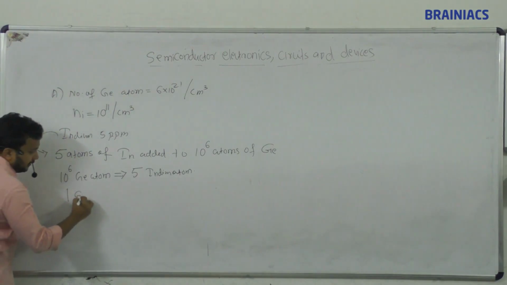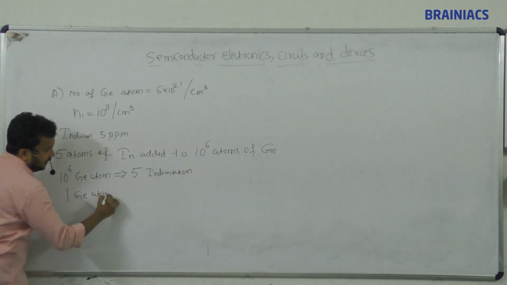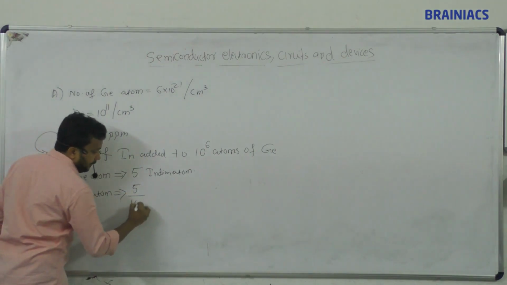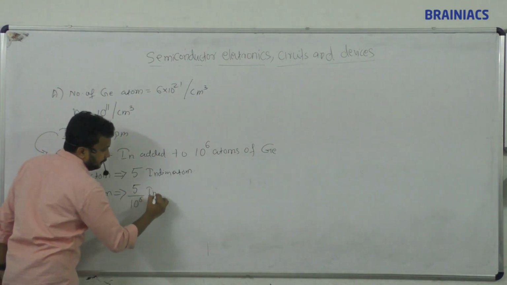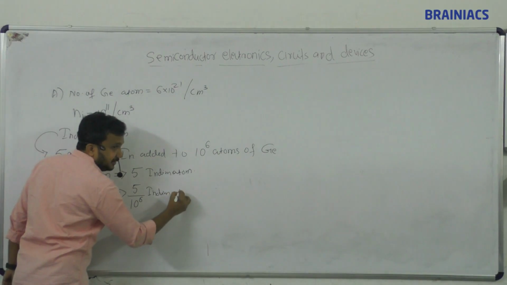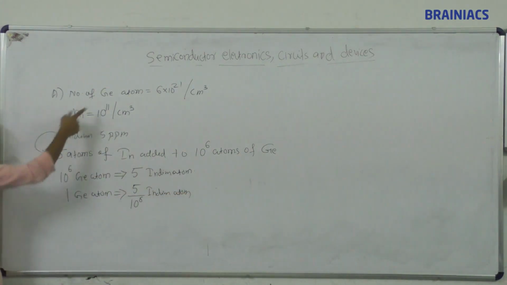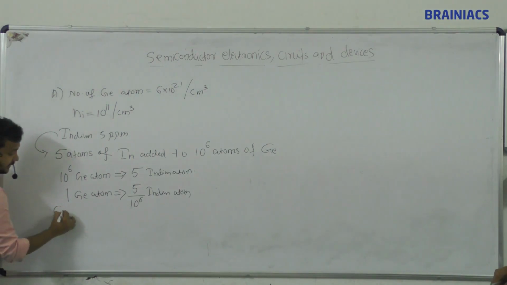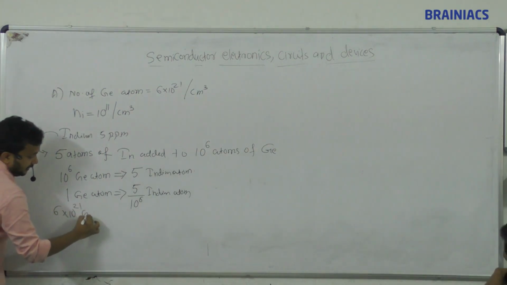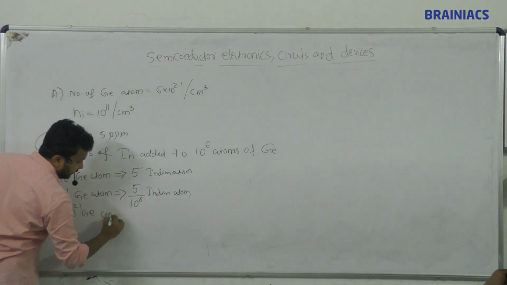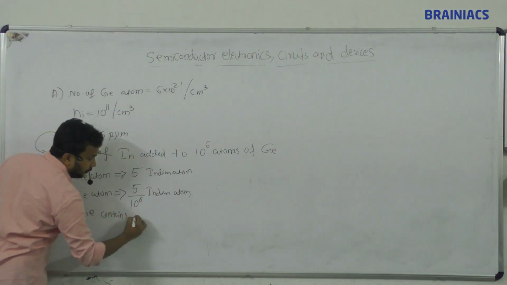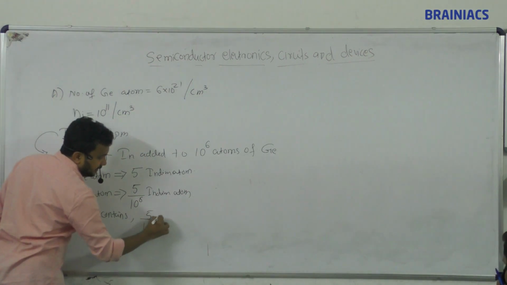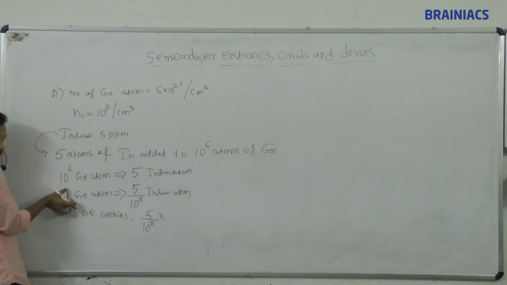So one germanium atom will have how many indiums? 5 divided by 10 power 6 indium atoms, correct? So how many germanium atoms totally? 6 into 10 power 21 germanium contains how many indium? 5 divided by 10 power 6, this is for one germanium.